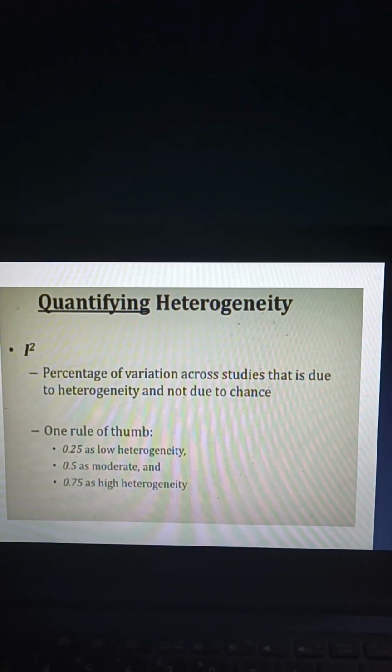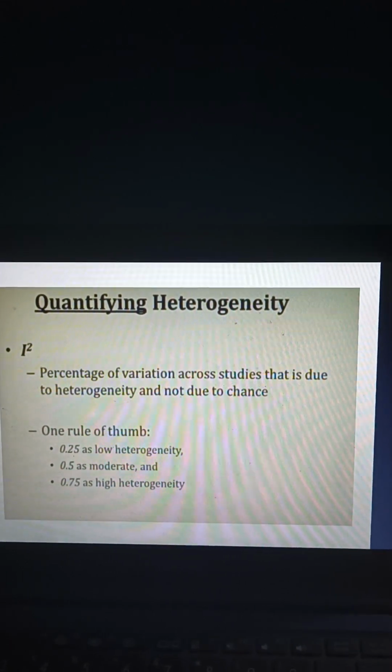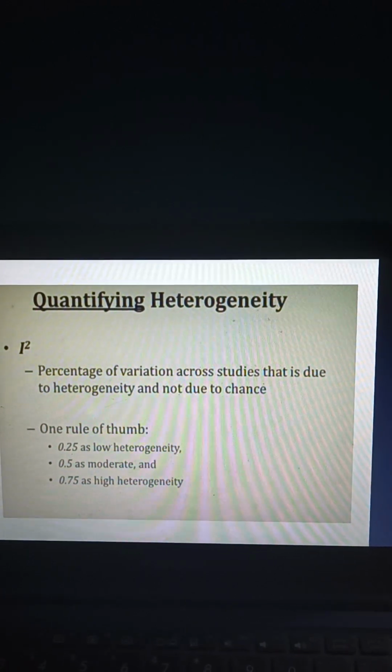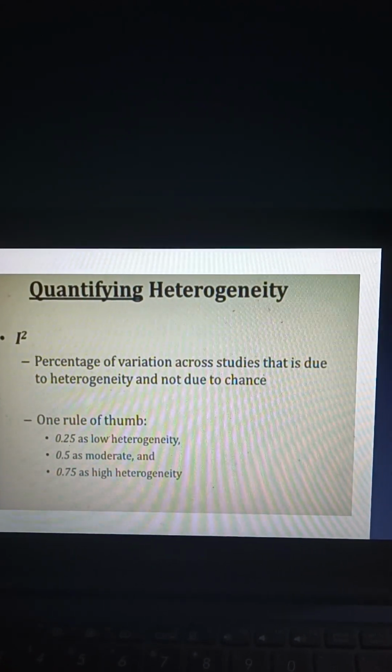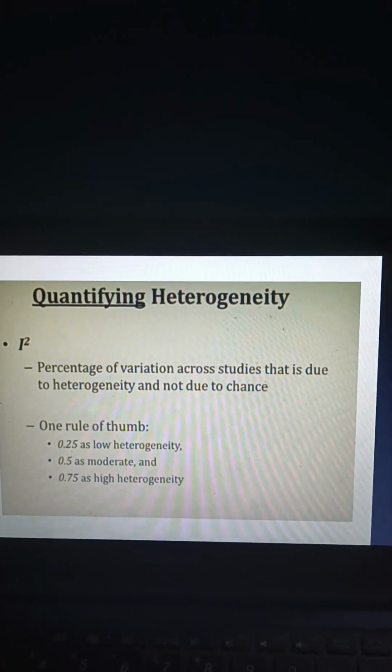Then quantifying heterogeneity: I-square is the percentage of variation across studies that is due to heterogeneity and not due to chance. One rule of thumb is 0.25 as low heterogeneity, 0.5 as moderate, and 0.75 as high heterogeneity.